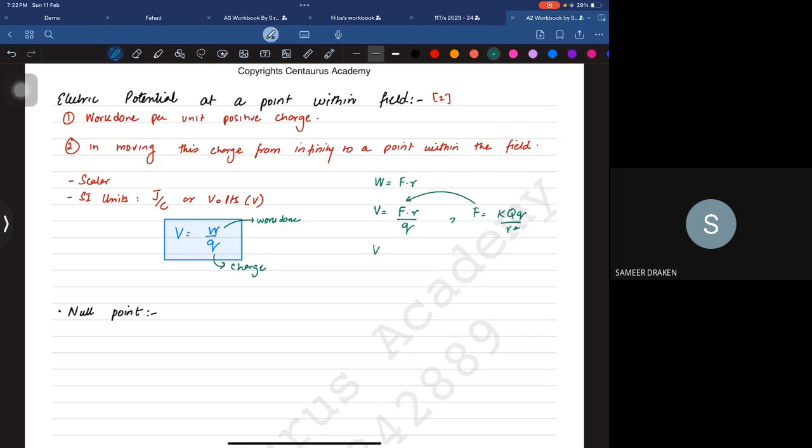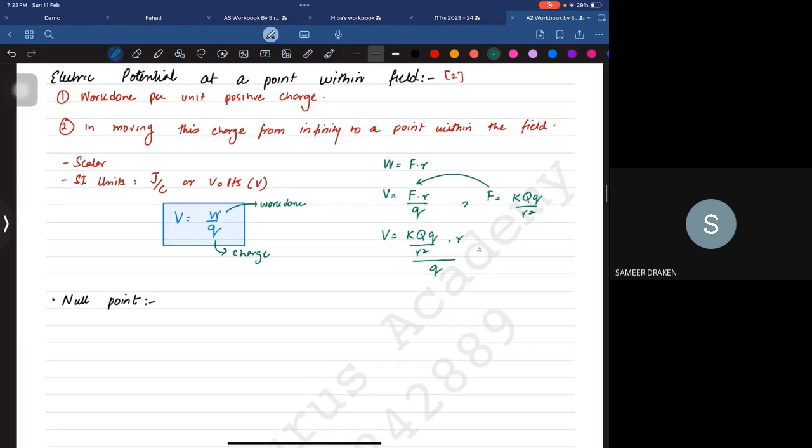It becomes KQq over R squared times R divided by q. R and the square cancel out, Q and small q cancel out. So ultimately, you're going to get V equals KQ over R, and this is the formula that is commonly used in almost all of the questions.